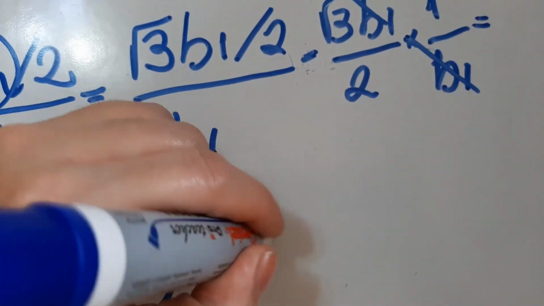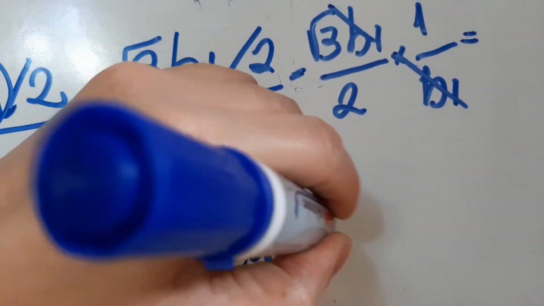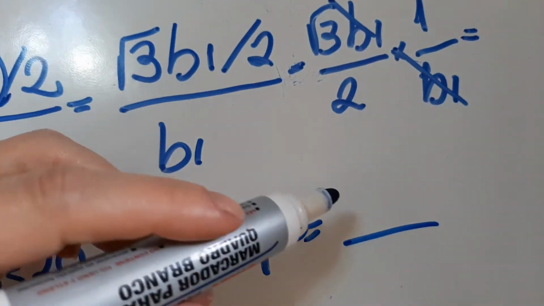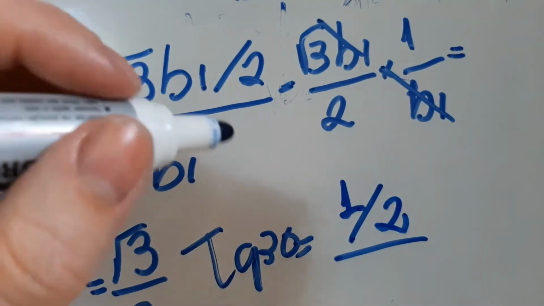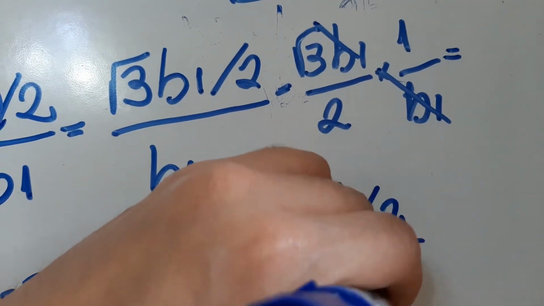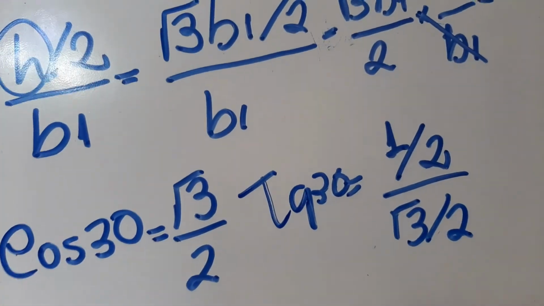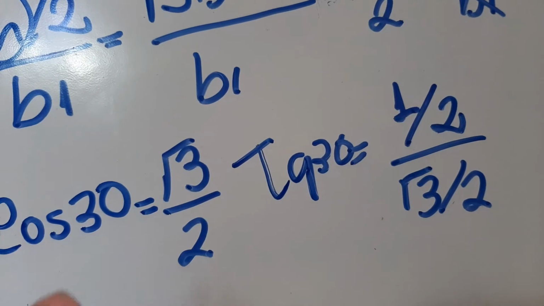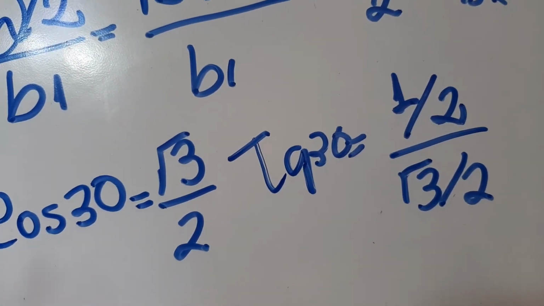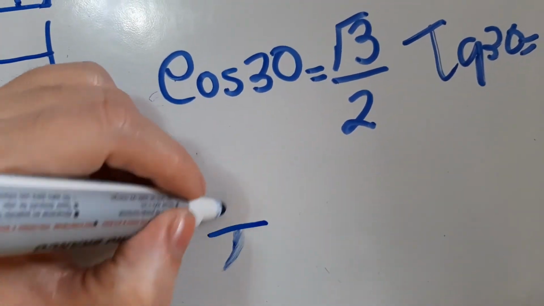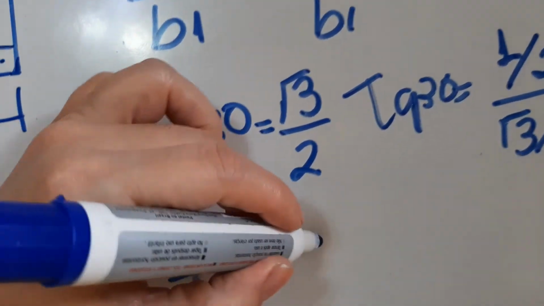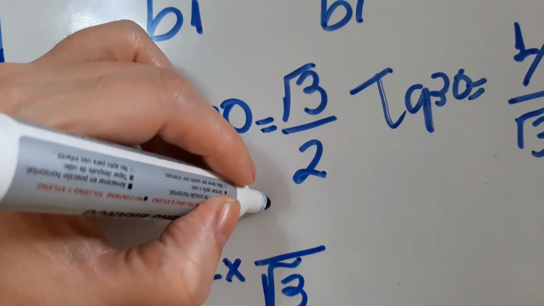and the tangent of 30, I say that it is, you put the sine divided by the cosine, that is the same as putting the opposite side divided by the adjacent side, and you're gonna have this multiplying this.